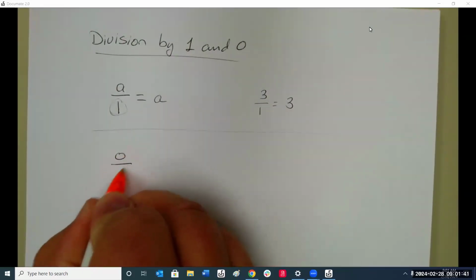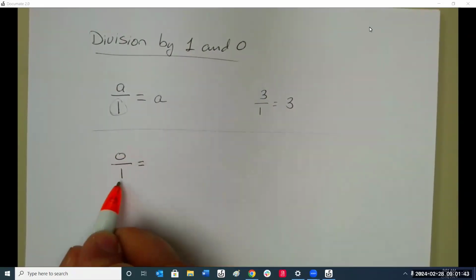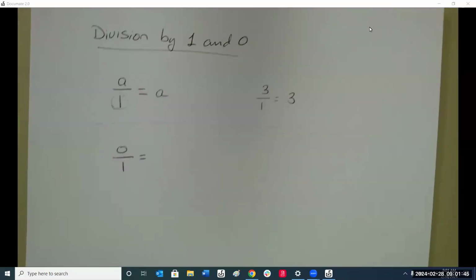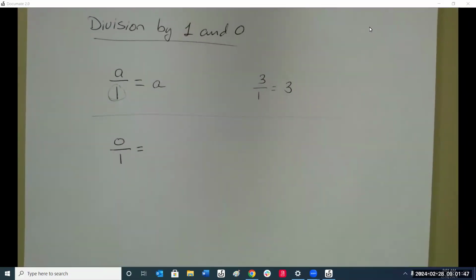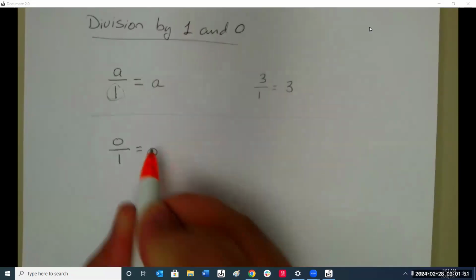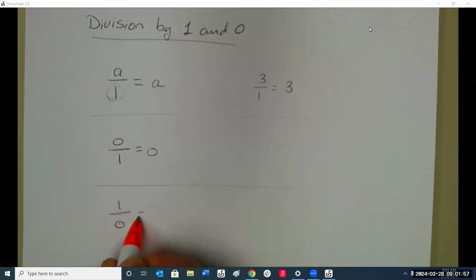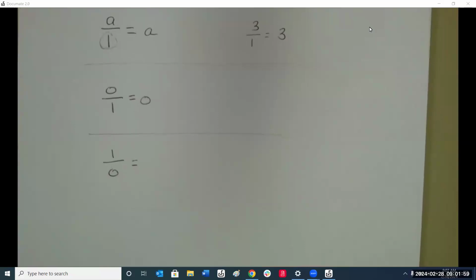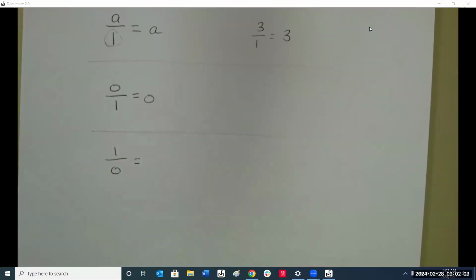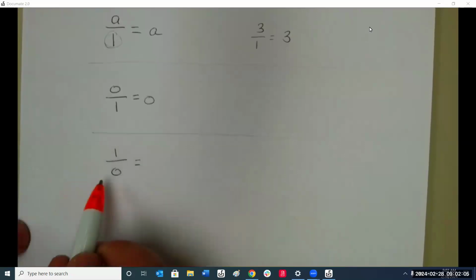So if we had 0 over 1, how many times can 1 go into 0? 0. How many times can 0 go into 1? It's like saying this.